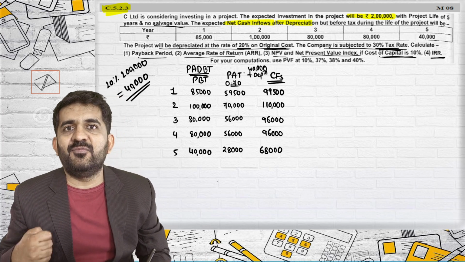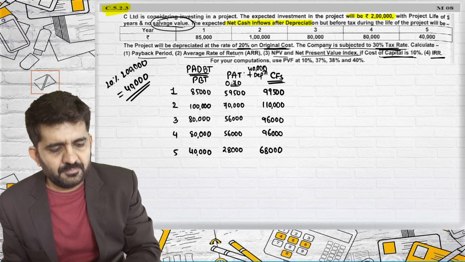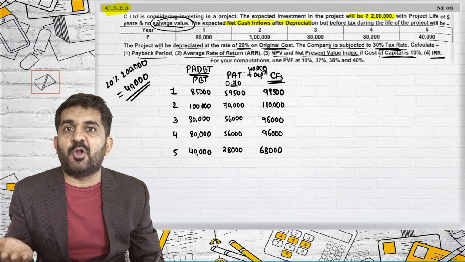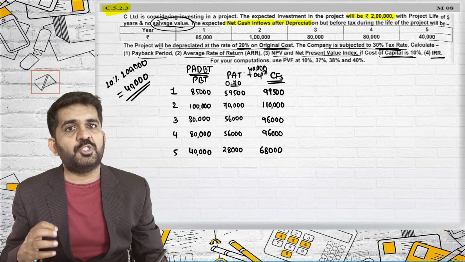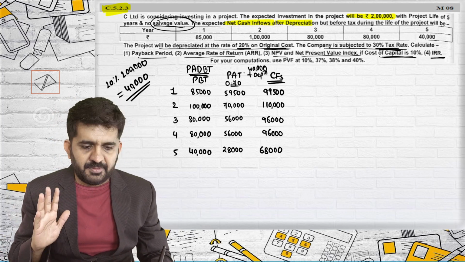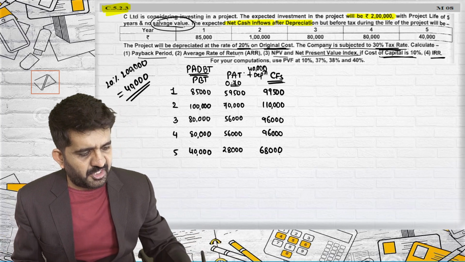At the end of the 5 years, I will be getting salvage value, which is 0. If it is a straight line method, there will be no profit or loss on sale of machinery. So there will be no profit or capital gain coming into the picture. So I think we have covered this point, which is cash flows.